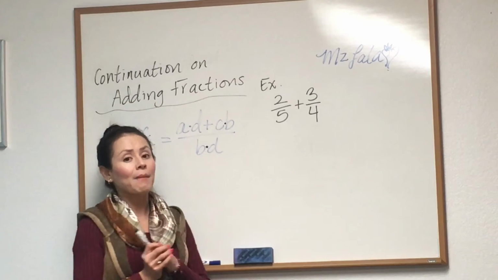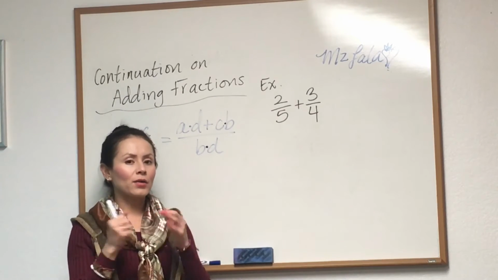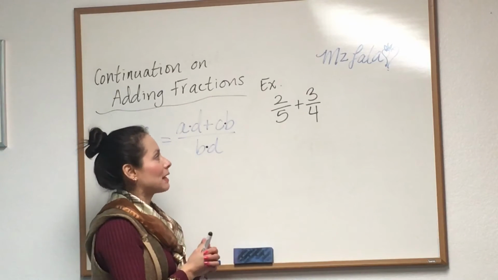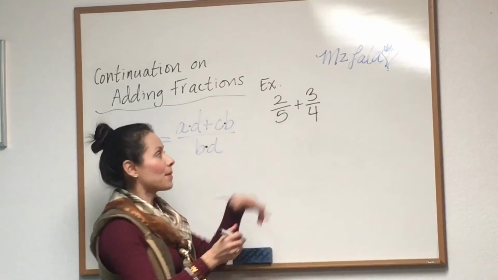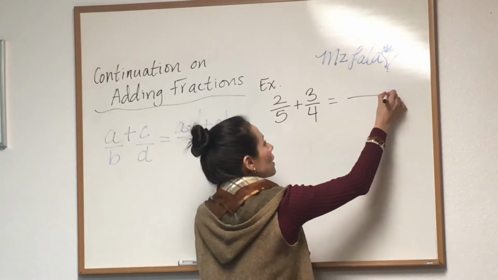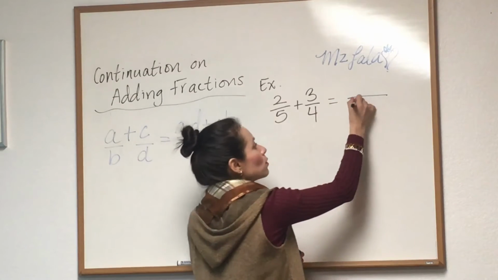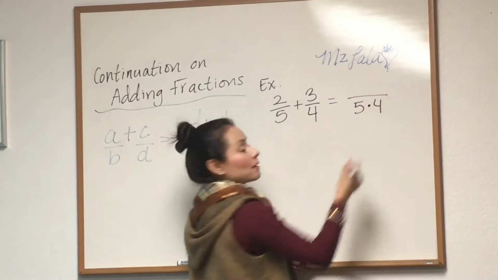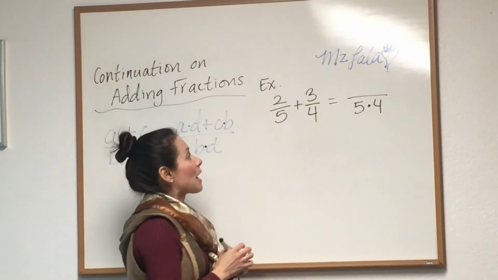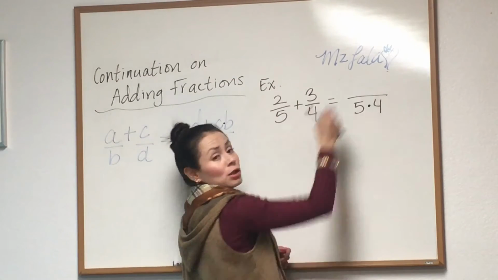that you asked me to redo. I'm not sure which part it was that you didn't get, so I'm just going to go over the entire thing. Again, we don't have common denominators, which means we must multiply these two, which ends up being the common denominator. And don't just add 2 plus 3.